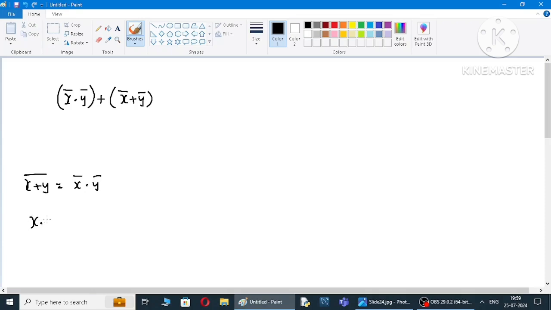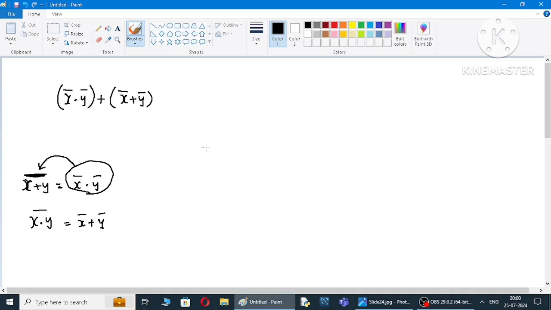Same way, x dot y whole bar is equal to x bar plus y bar. x plus y is OR, x plus y complemented is NOR. So actually you have x bar dot y bar. Actually you need to draw this. But if you want to draw this expression using a NOR gate, you have to represent this one.